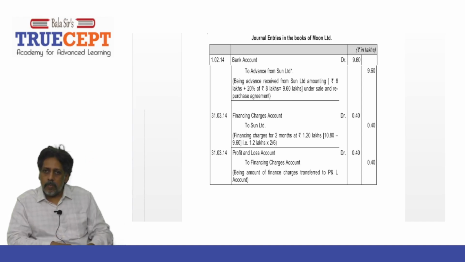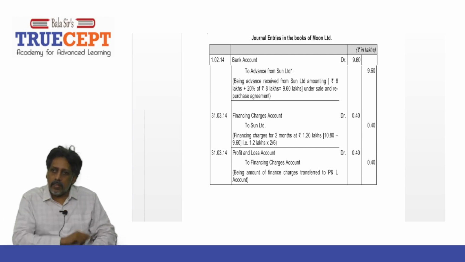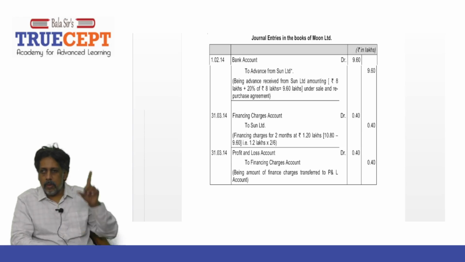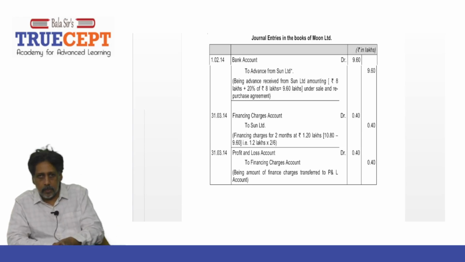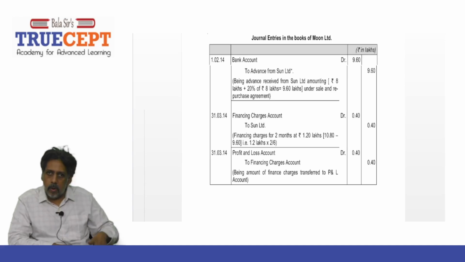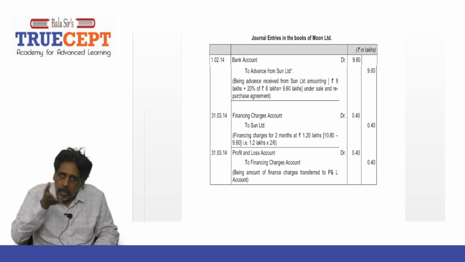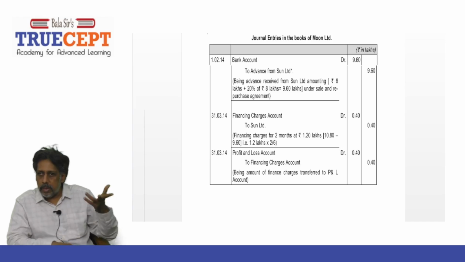For 0.4 lakh, what is the entry? Interest expense account debit. So can we write finance charges account debit? It's all the same, right? You either write interest expense account debit or finance charges account debit, an expense debit, to interest payable, or right, to increase amount due to Sun Limited, to advance from Sun Limited, increase the liability.